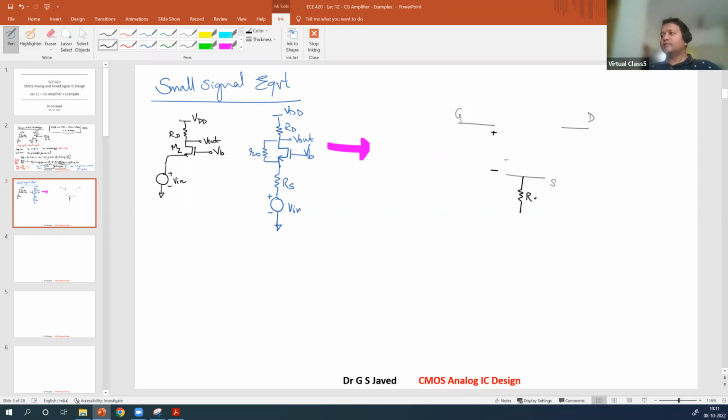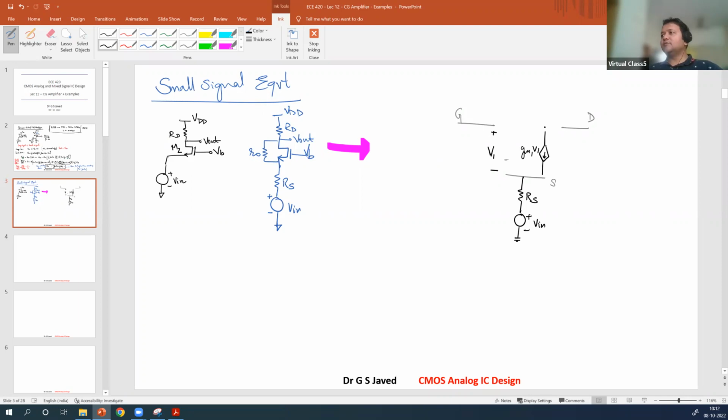This is your RS. Next you consider what is your V1. V1 is VB minus VN. Then comes your gm VGS, so this is gm1 V1.